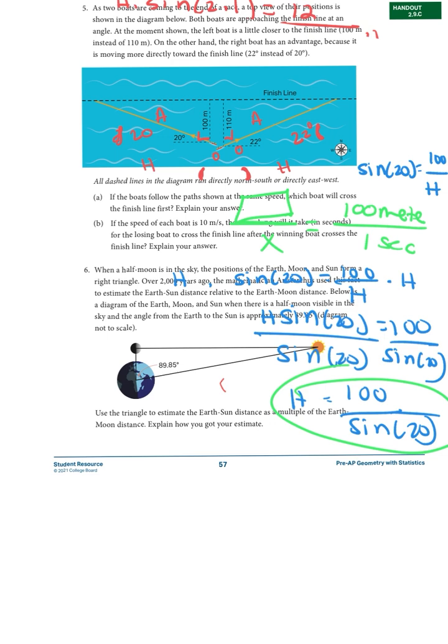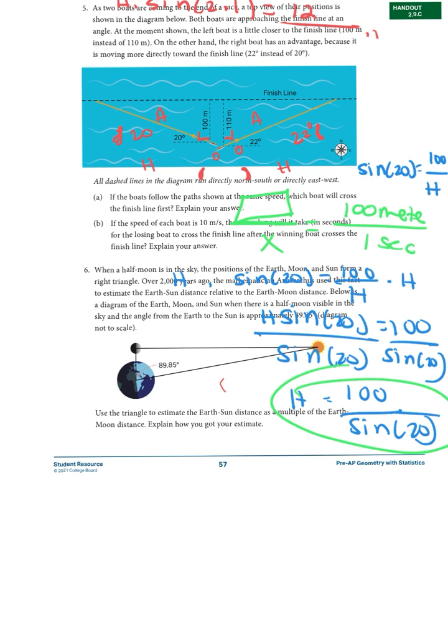I'm sorry. When a half moon is in the sky, the position of the earth, moon, and sun form a right triangle. Over 2,000 years ago, the mathematician Aristarchus used this fact to estimate the earth to sun distance relative to the earth to moon distance.